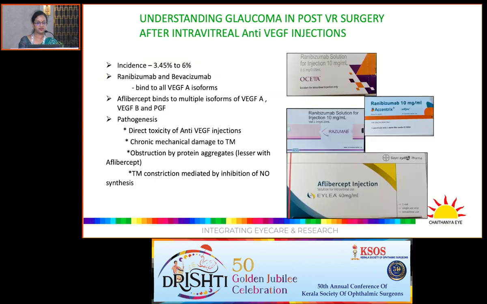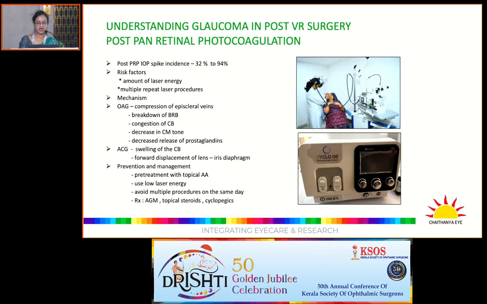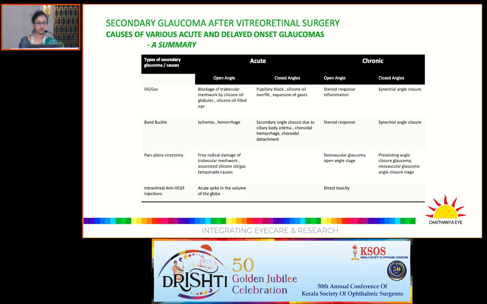Anti-VEGFs which are given can have direct toxicity or can actually damage the trabecular meshwork. With PRP or endolaser, the amount of laser energy used and the multiple procedures can explain the IOP rise. You can have swelling of the ciliary body and forward shift, but if you avoid multiple procedures and treat with anti-glaucoma drugs, steroids and cycloplegics, it works.